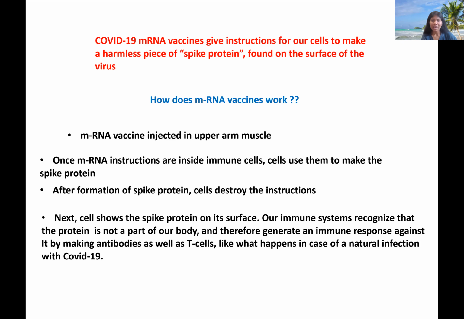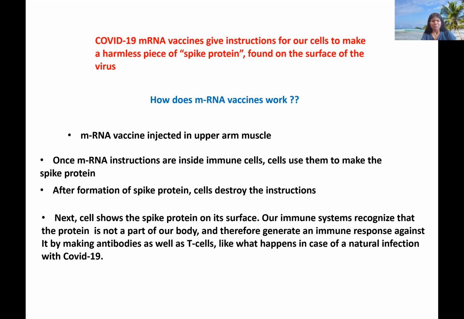In a similar way, our immune system will recognize that harmless analog spike protein, and it will generate an immune response against it by making antibodies as well as T cells. But since this spike protein analog is not harmful to our body, we will face only a little bit of side effects, but we will not die or be hospitalized for that.